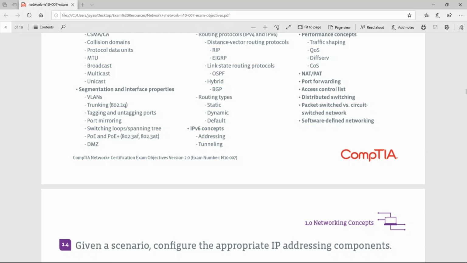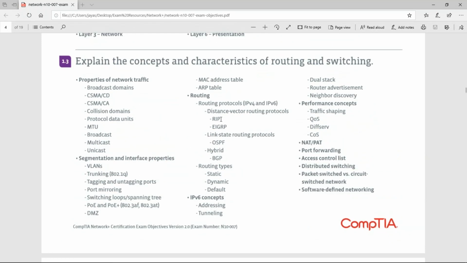EIGRP. Yeah, Enhanced Interior Gateway Routing Protocol. For the most part, you're going to see EIGRP on large scale networks. For the smaller networks, you're probably going to be using RIP, more specifically, probably RIP version 2.